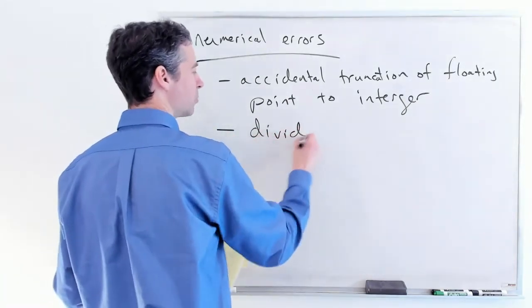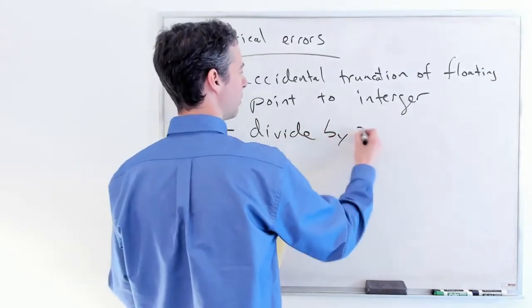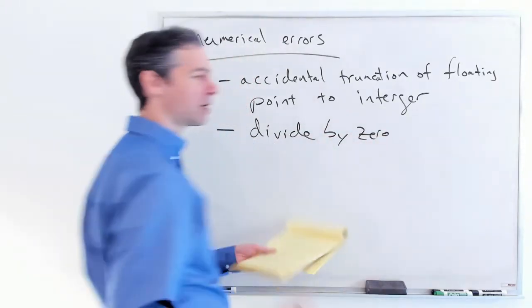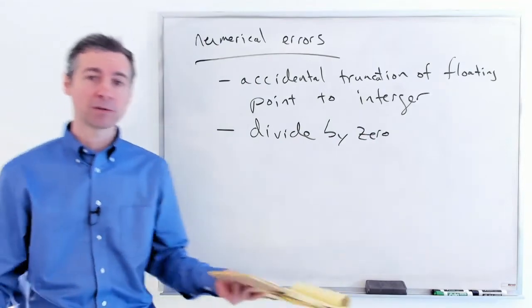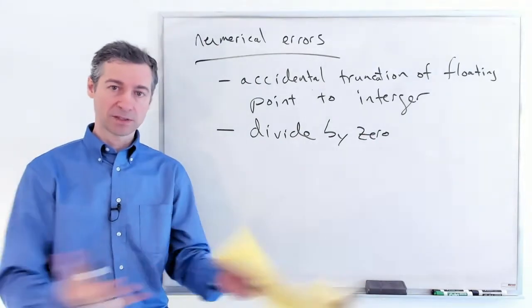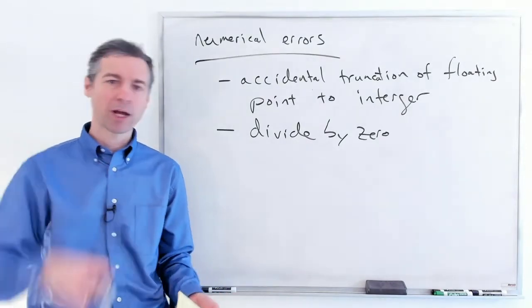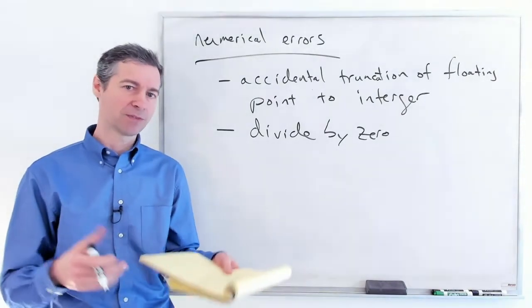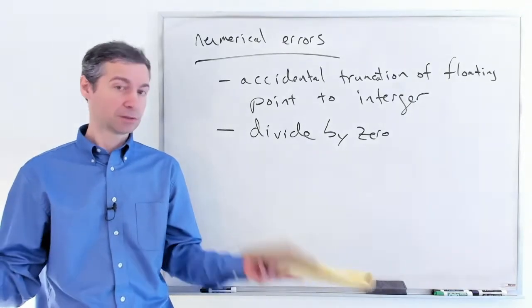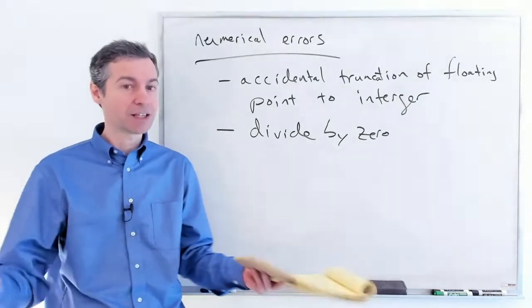Likewise, super common, divide by 0. My happy path always is I've got a set of things and I'm computing the average, and it works out great. What happens when I decide to compute the average of nothing? Well, you've got to deal with these problems.